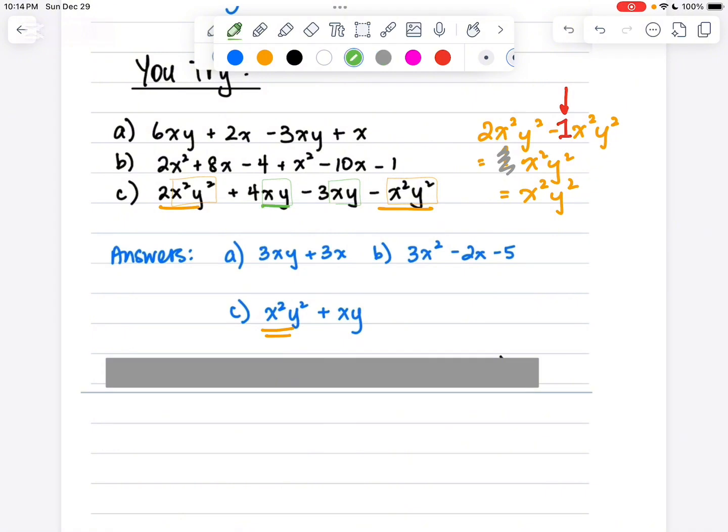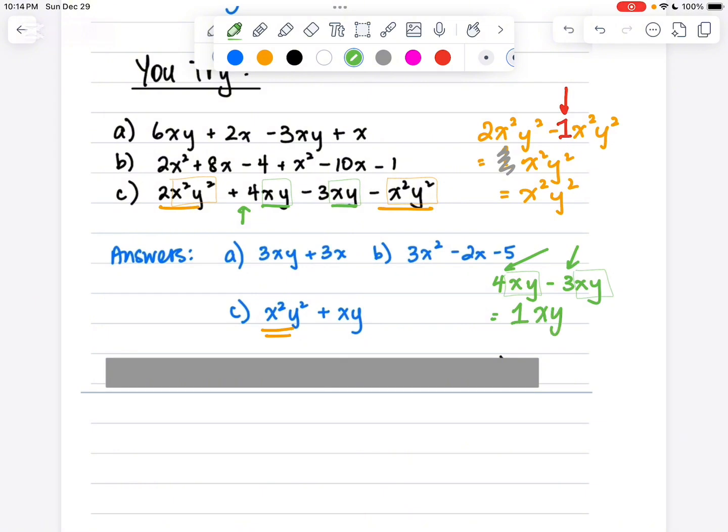Looking at the xy family here, I'm going to do a bit of rough work down at the bottom. I have positive 4xy. Take away 3xy, and again, what does that mean? It means we had 4 tiles that said xy on them, and we're taking away 3 of those tiles. So I'm going to deal with the integers. 4 subtract 3 is 1, and what does it say on the tile? xy.